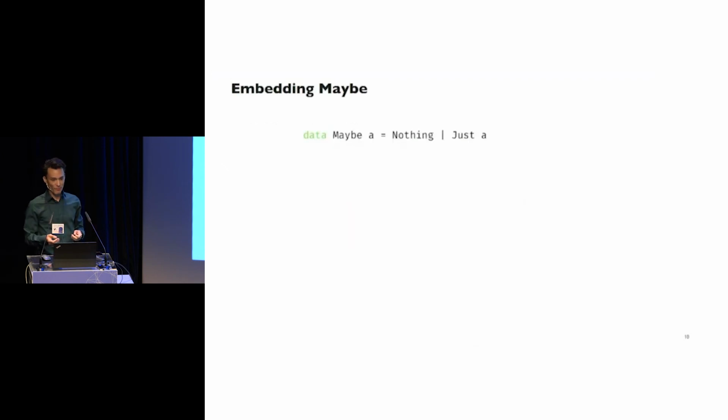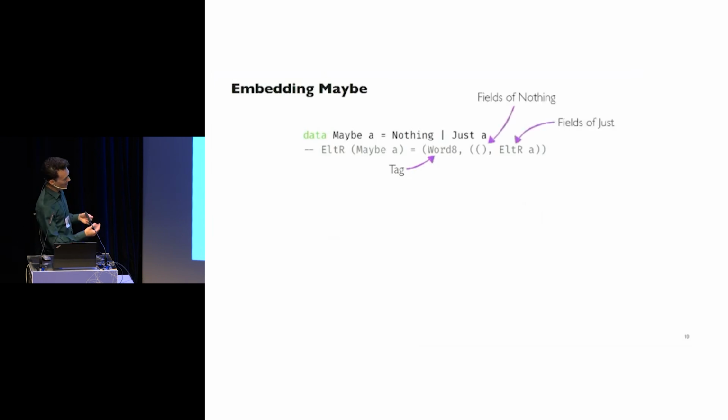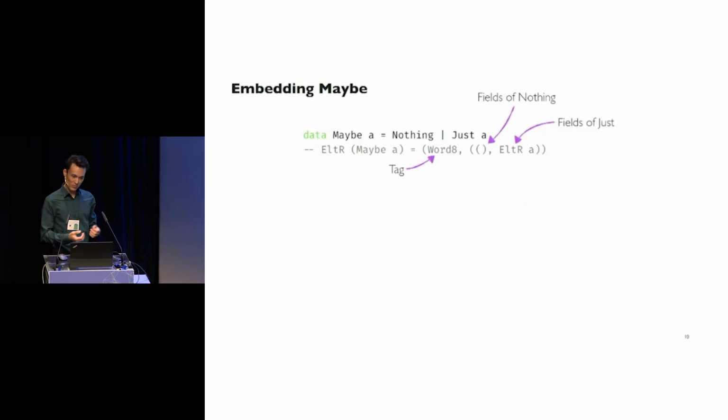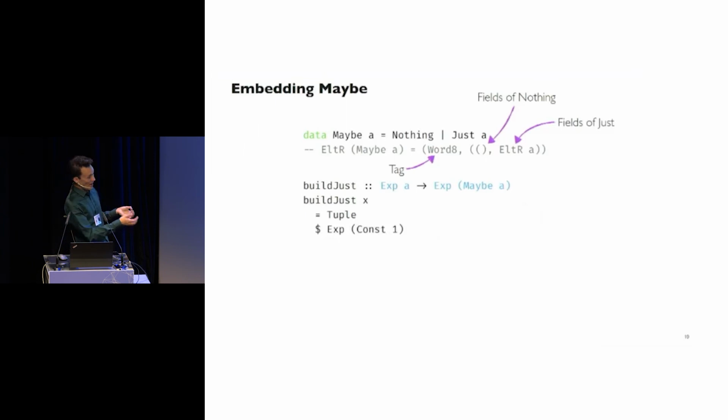Okay, so we can do the same sort of thing. How do we embed this Maybe data type into our embedded language? We need this representation type. I need some kind of tag to record, is it a Nothing or a Just? And then I need the fields of each of the constructors. Nothing has no fields in it, so I can just use units, and for the Just, I need to record that A. The builder, as I said, just has to take its argument X and add some kind of constant to indicate this was a Just.